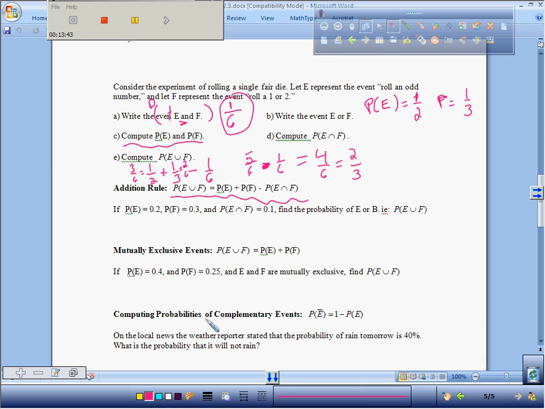Questions? Oh, I think I was going out of order. Event E or F would be 1/2 plus 1/3, okay? E and F would be 1/6.